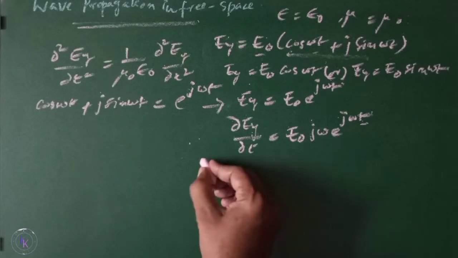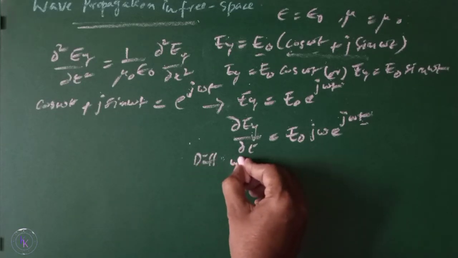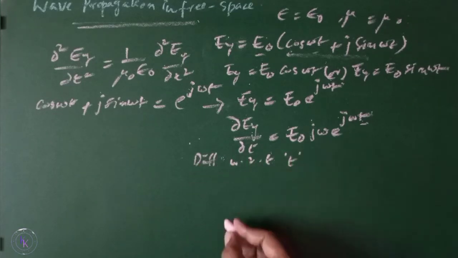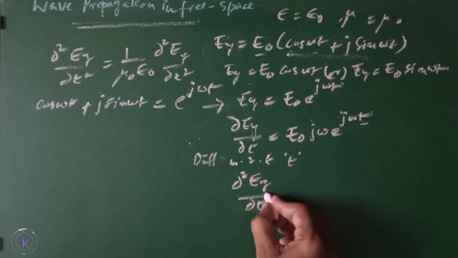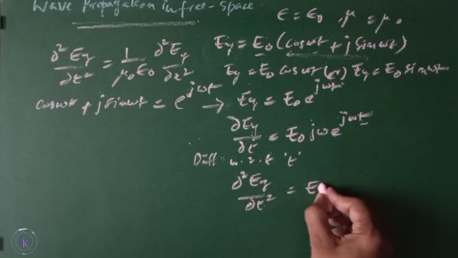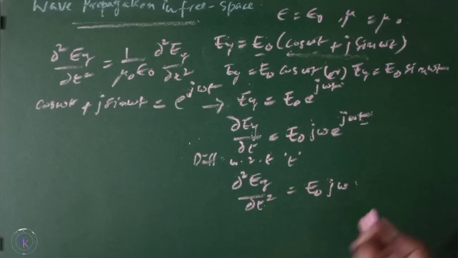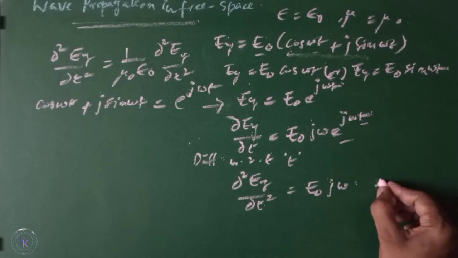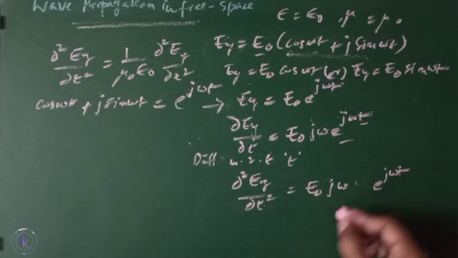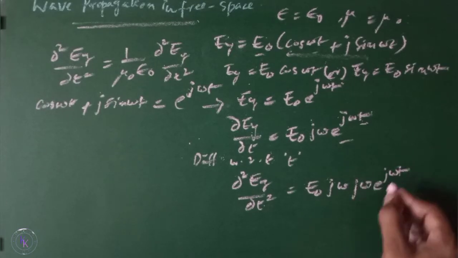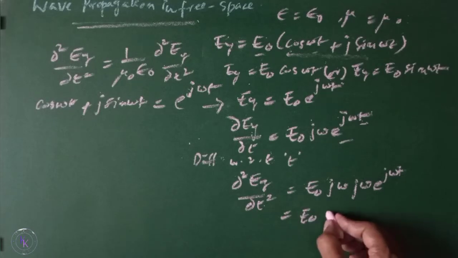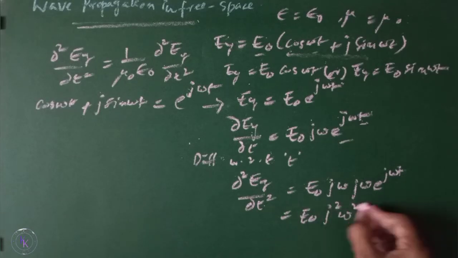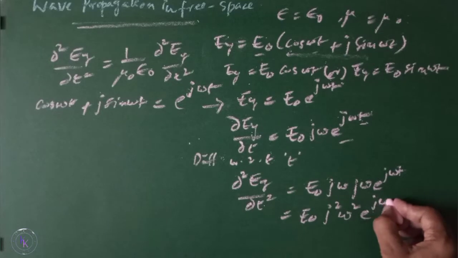Again differentiating with respect to t, ∂²Ey/∂t² equals E naught j omega times e^(j omega t) j omega. This we write as E naught j squared omega squared e to the power of j omega t.